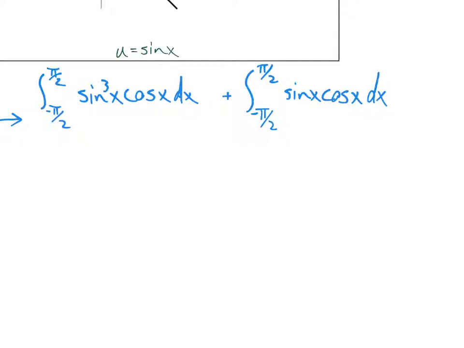So if u is sine of x, then du dx, remember you take the derivative here, is going to be cosine, and then multiply both sides by the dx. So this would be cosine of x dx.